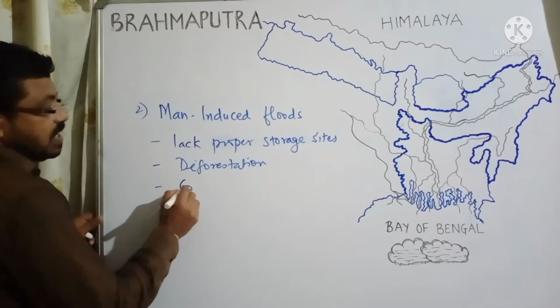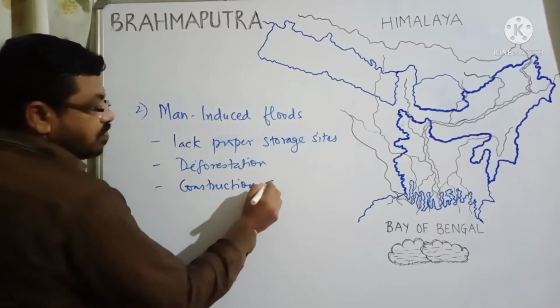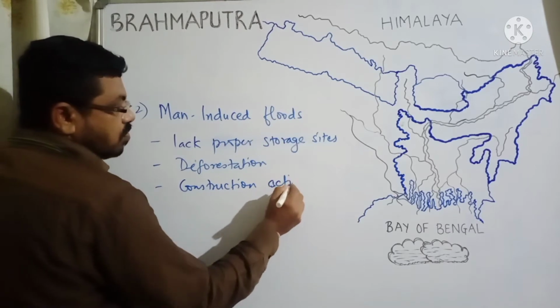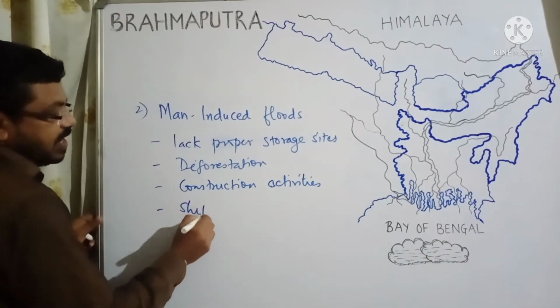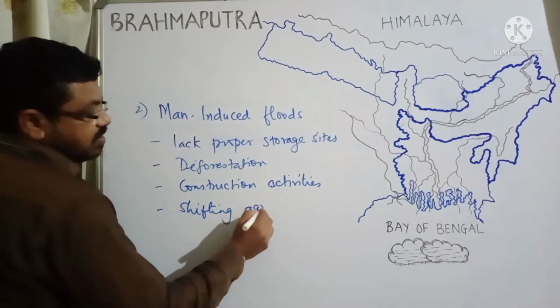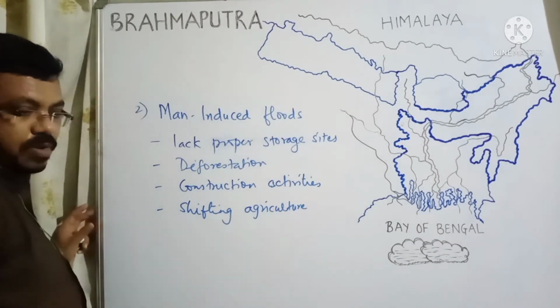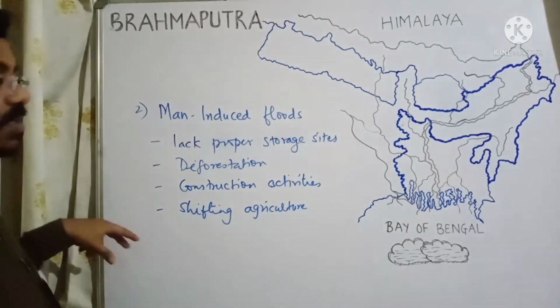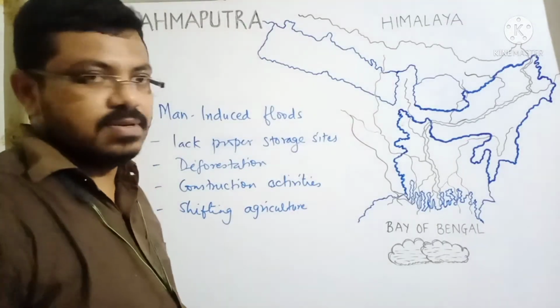Also, a lot of construction activities going on over here. Also, shifting agriculture is one of the prominent activities in this region. So all of these are the main man-induced activities.